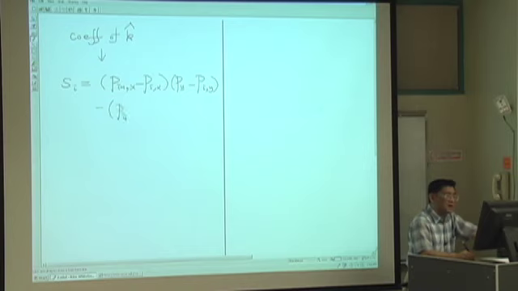Then pi plus 1 y minus piy, px minus pix. This is called Si, and then we run this for i from 1, 2, 3.